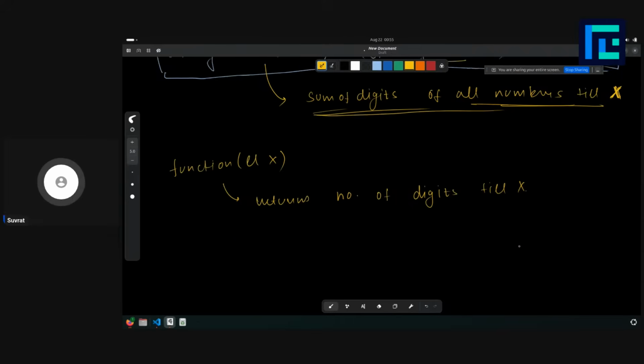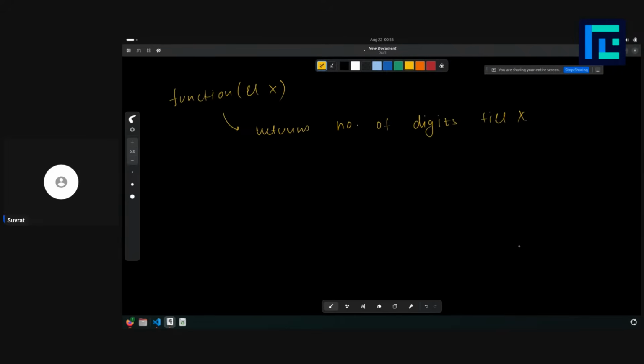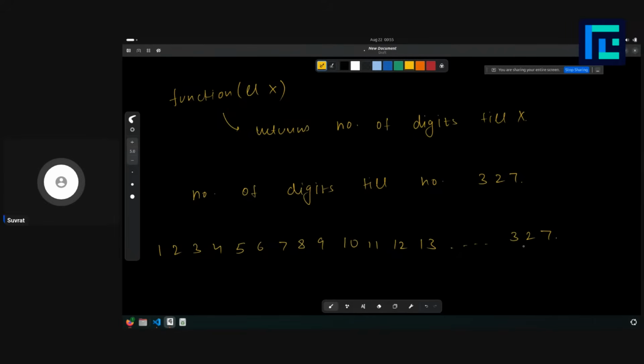So let's try to calculate this. Let's try to find the number of digits till some number, say 327. So basically what we need to do is 1 2 3 4 5 6 7 8 9 10 11 12 13, all the way till 327.